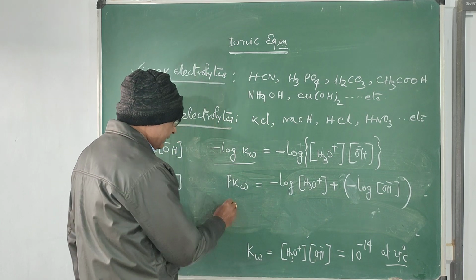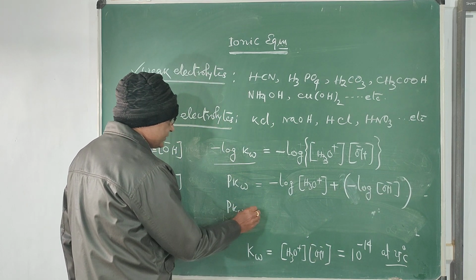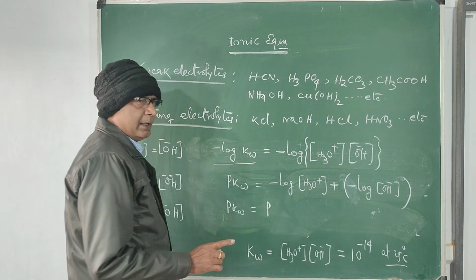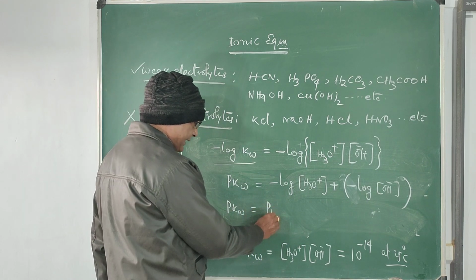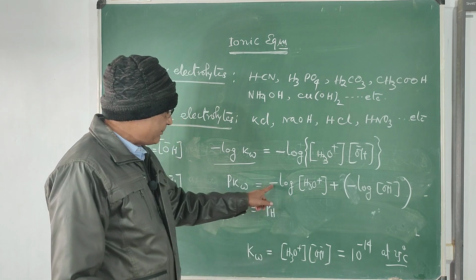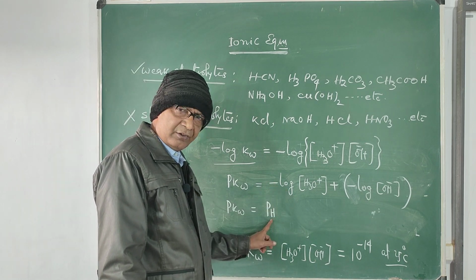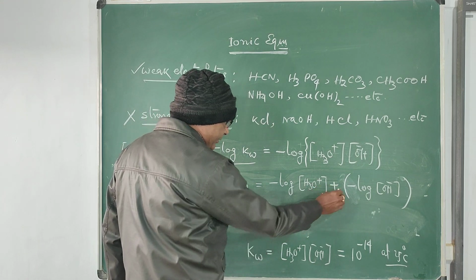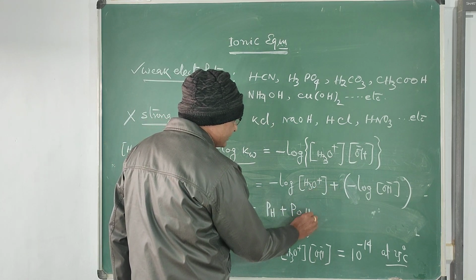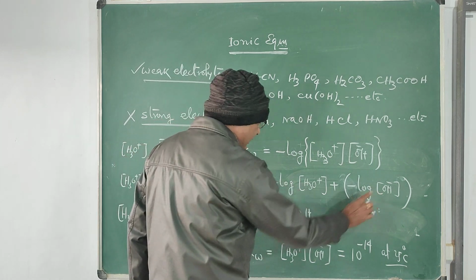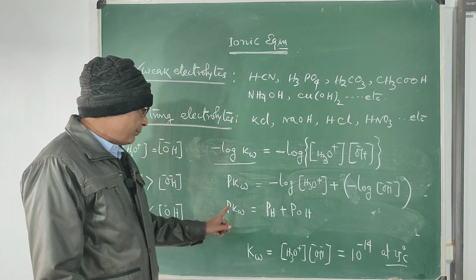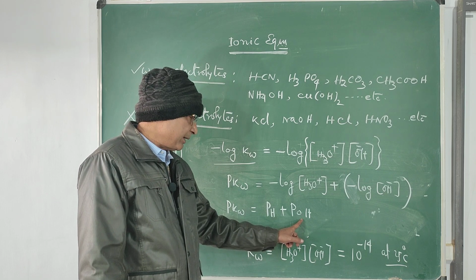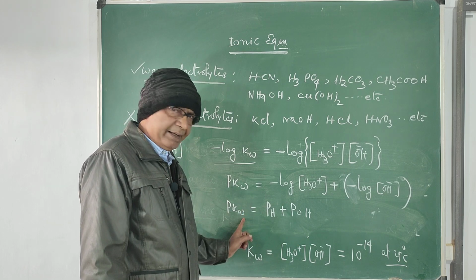Again we will see that pKw is equal to negative log; p is a scale. pH means negative logarithm of hydrogen ion concentration, and this is plus pOH. pOH means negative logarithm of hydroxyl ion concentration. So pKw equals pH plus pOH. Remember, pKw is in negative log.